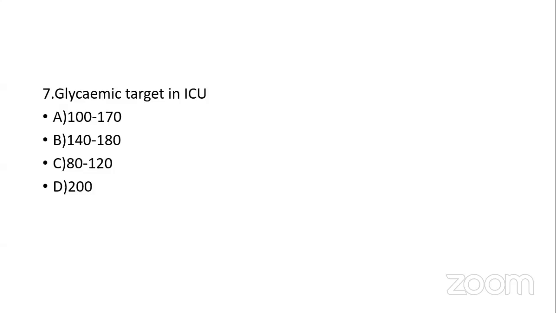If you're using a pen, it's okay, because the units are very clearly there, you can rotate and give the dose properly. But if you're using an insulin syringe, loading it and then giving it subcutaneously, the two have to match. The insulin vial has to contain 100 units per ml, and the insulin syringe also has to be 100 units per ml with the appropriate markings. Then only will you be giving the correct dose to the patient. So please be very careful about this before giving the insulin.